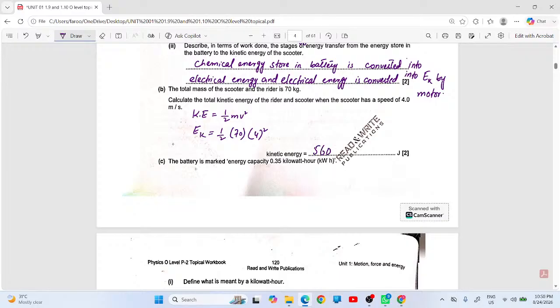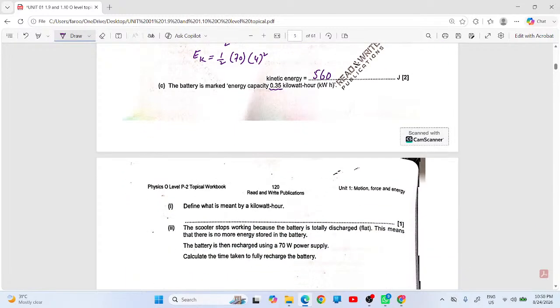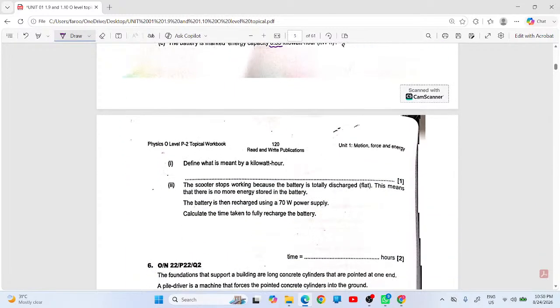Next, the battery is marked energy capacity of 0.35 kilowatt hour. ठीक है? Next, define what is meant by kilowatt hour.